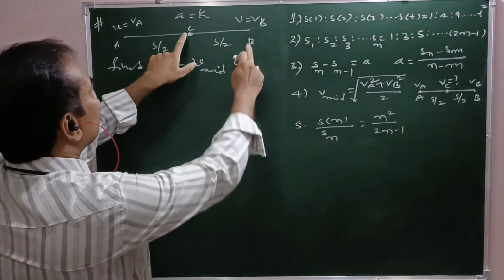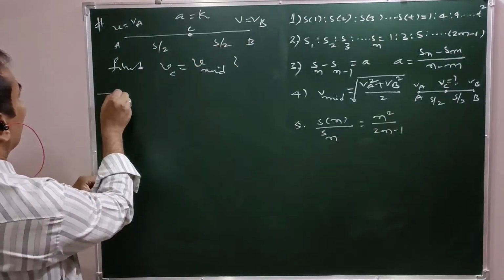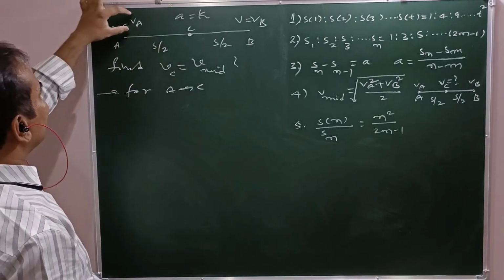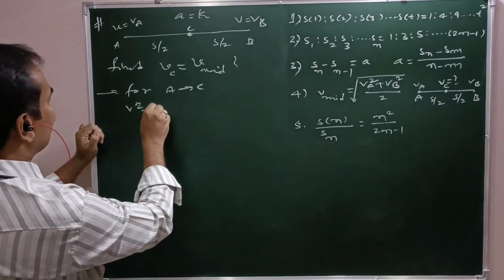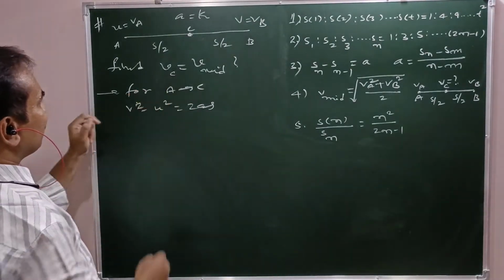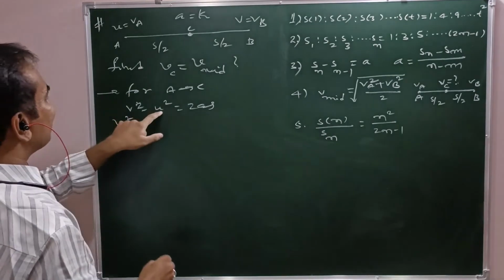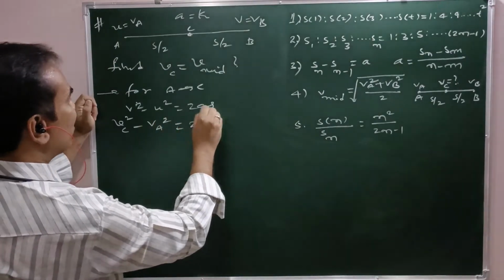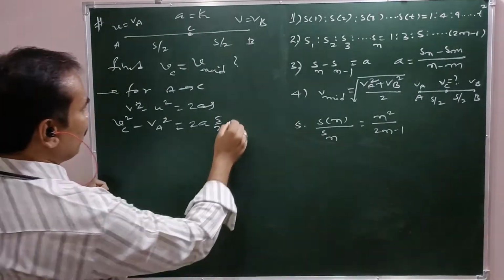So VC square minus VA square equals 2A into S by 2. Number 1.